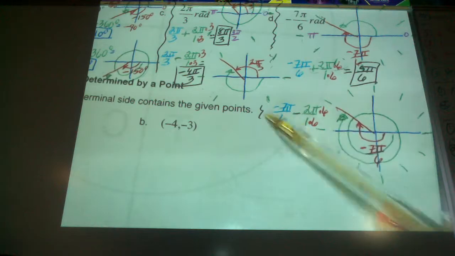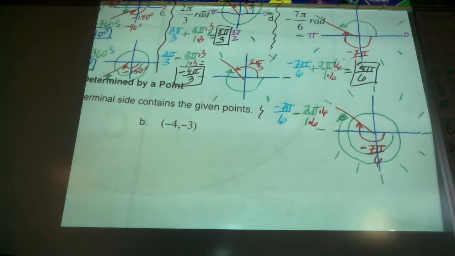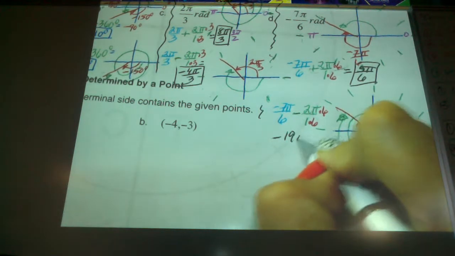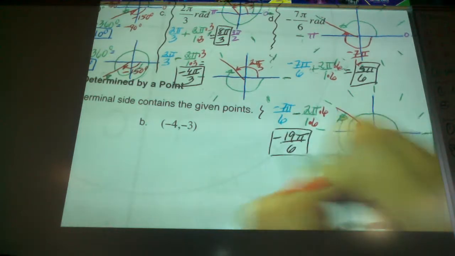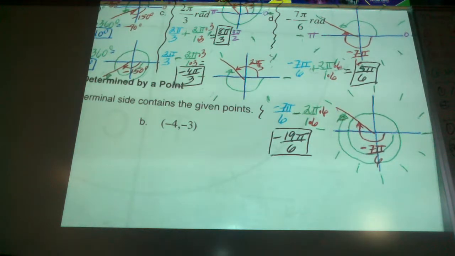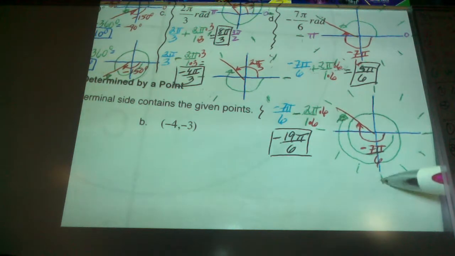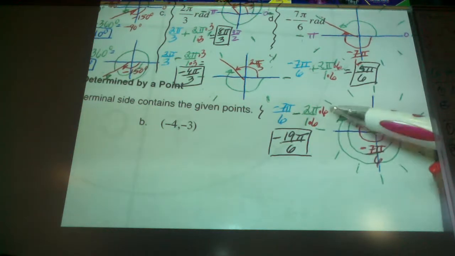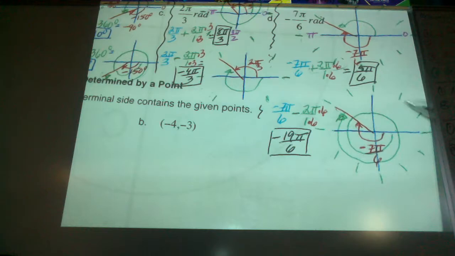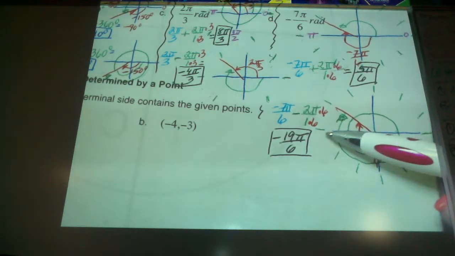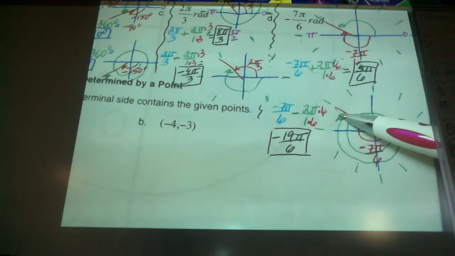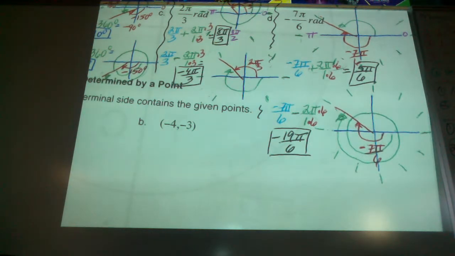What's negative 12 and negative 7? Negative 19. So we should get negative 19 pi over 6. So I'm going to count to make sure that I hit negative 19 tick marks. So from here, I hit 1, 2, 3, 4, 5, 6, 7. There's the first one. 8, 9, 10, 11, 12, 13, 14, 15, 16, 17, 18, 19. Did it work? It worked.